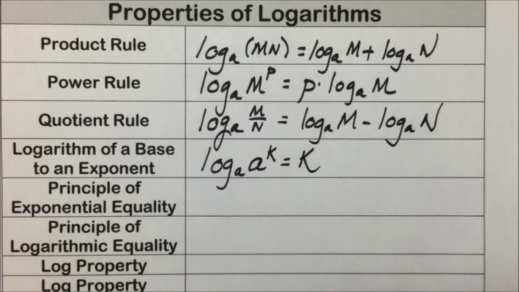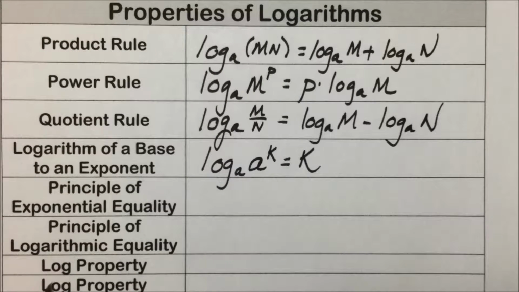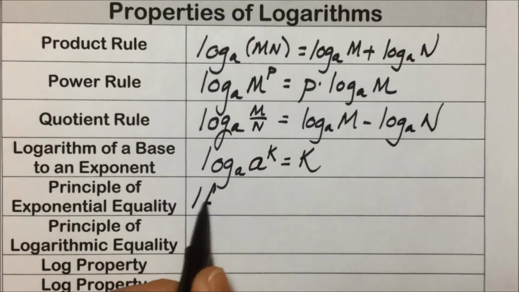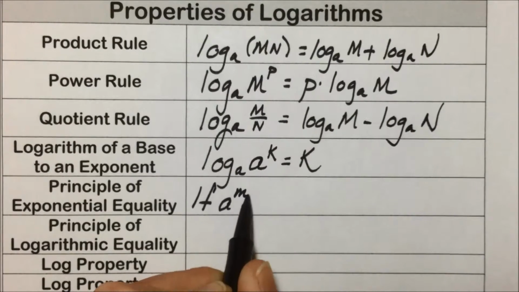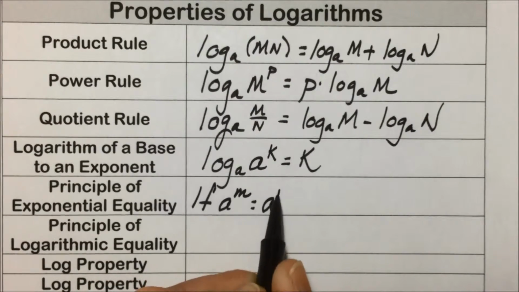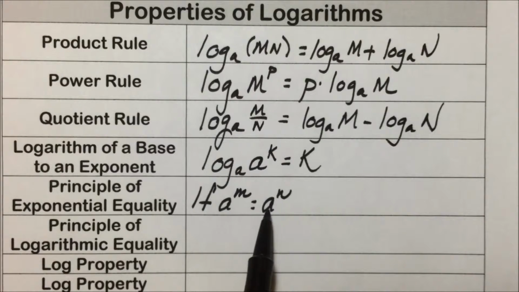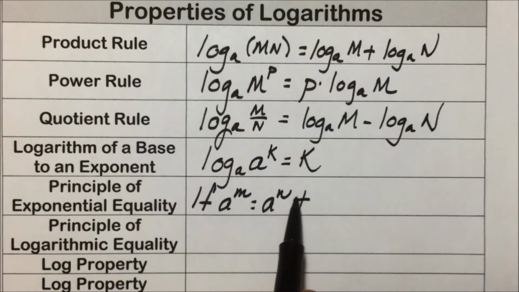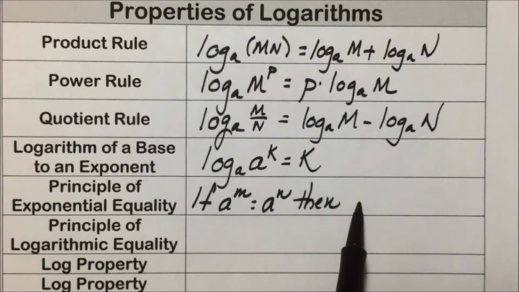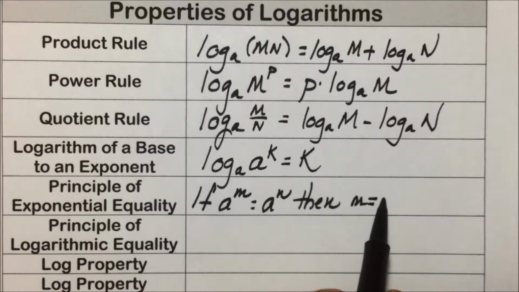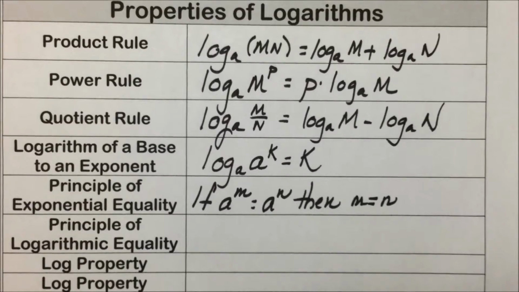We have the principle of exponential equality, which states the following. If a to the m equals a to the n, common bases equal to one another, then we can assume that those exponents must be equal to one another. And this is known as the principle of exponential equality.